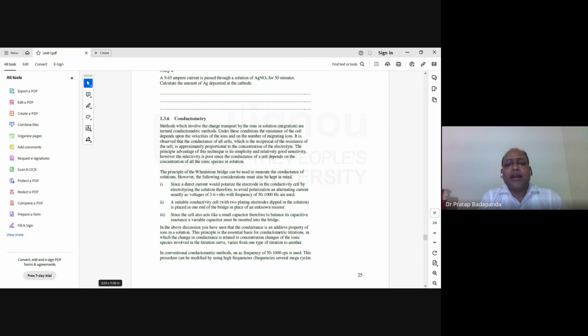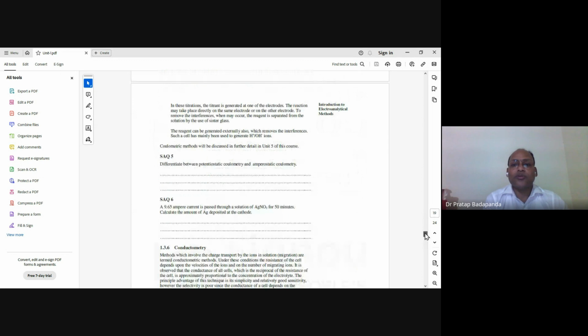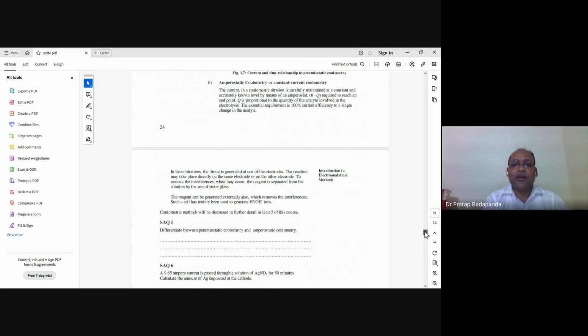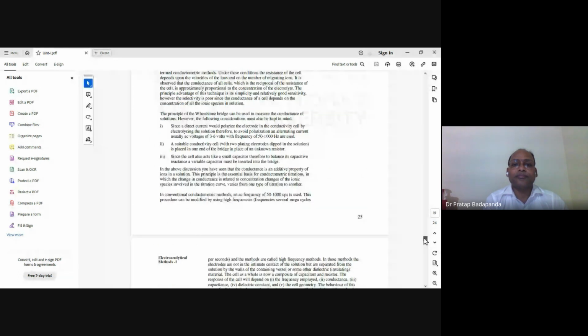The principle is the Wheatstone bridge. That is the important thing. One circuit diagram is there. Let me check whether the Wheatstone bridge is there or not. No, it's not there. Let me find the Wheatstone bridge diagram and share it with you.